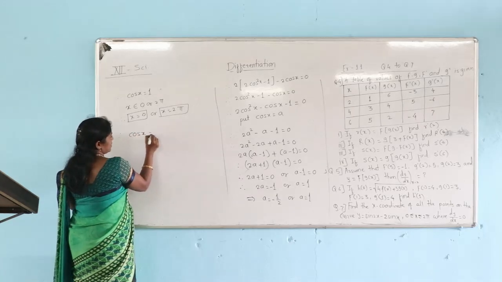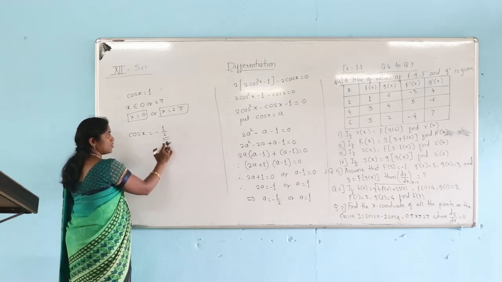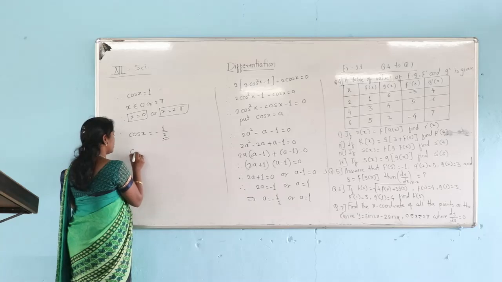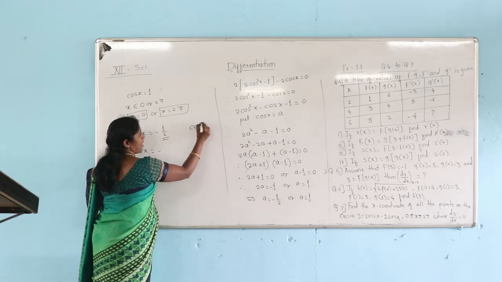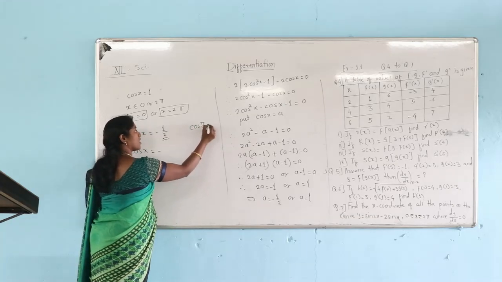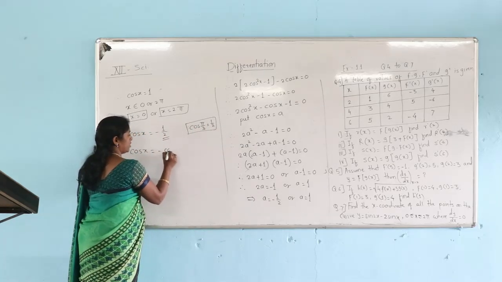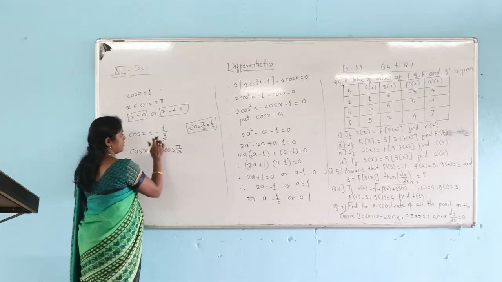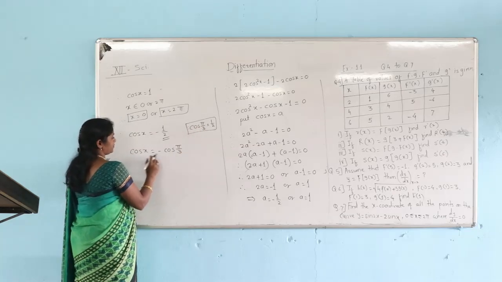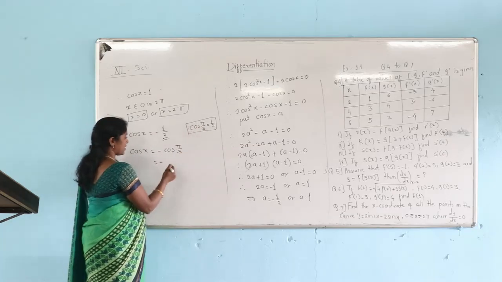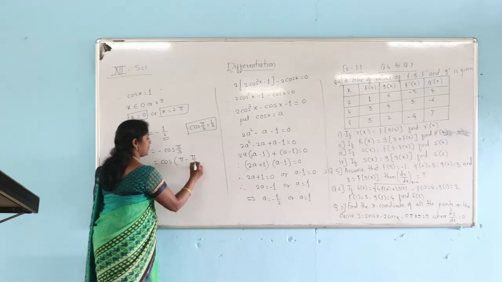Since cos x is equal to minus 1 half, we take cos of pi by 3; cos 60 degree is 1 half. We know this value, so we get cos pi by 3 is 1 half. Now this minus sign will be accounted for if we take cos of pi minus pi by 3.